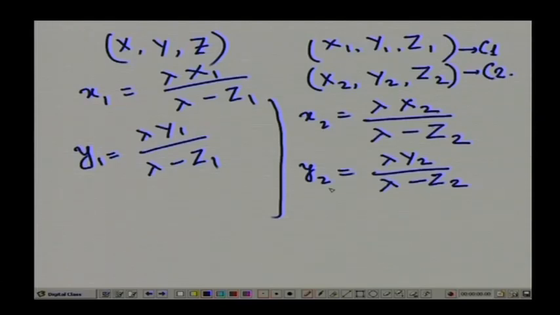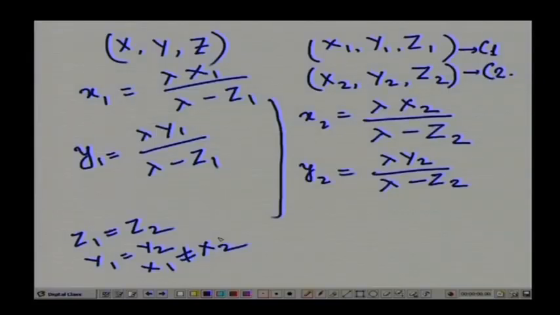Now, in the imaging setup that we have used, we have seen that capital Z1 is equal to capital Z2, capital Y1 is equal to capital Y2, but capital X1 is not equal to capital X2. This is because the two cameras are displaced only in the x direction; they do not have any displacement in the y direction, nor in the z direction.